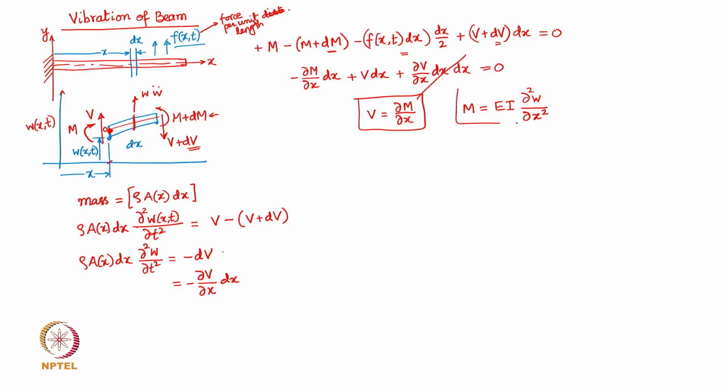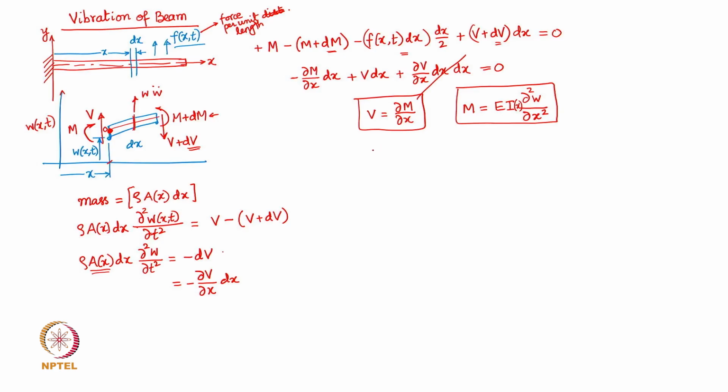So the bending moment is related through the flexural rigidity EI, and therefore I must again consider the area moment of inertia of the beam about its neutral plane as I(x). That means the cross-sectional dimensions, as we have assumed, are varying with x, so I should also be a function of x. So assuming the mass properties like the density and Young's modulus are constant throughout for the same material, we may write M is equal to E I(x) dou 2w by dou x square.